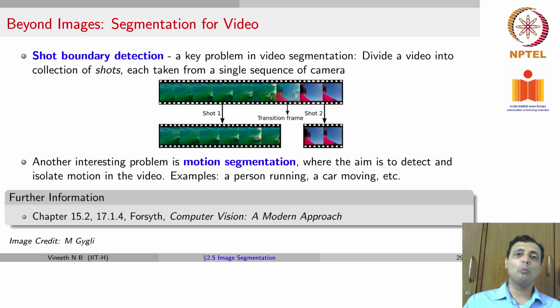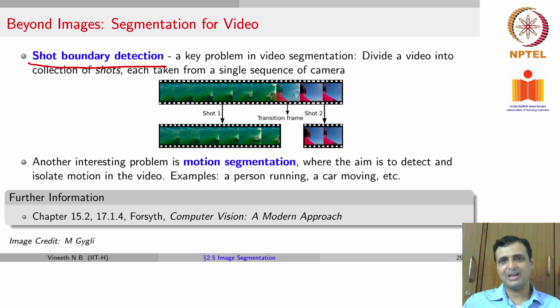Segmentation can also go beyond images into videos. If you go into videos, the principles for the methods are very similar, although there's a third dimension that comes into the picture. But the kind of task that one wants to solve in videos is, say, shot boundary detection, which is an important problem in video segmentation, where you have to divide an entire video into shots.